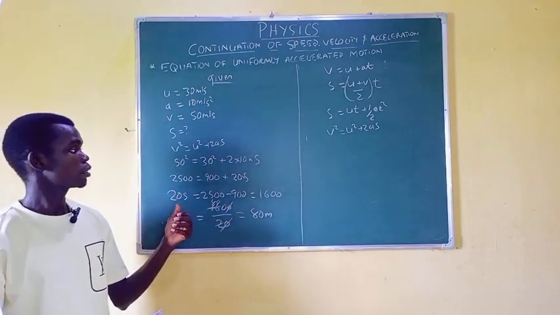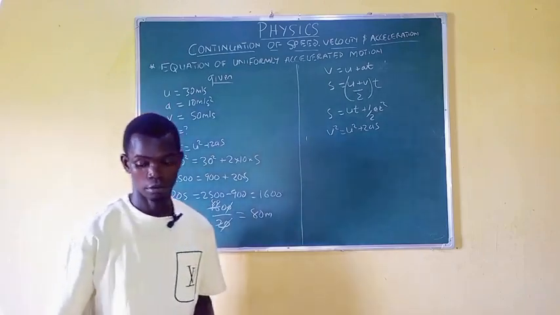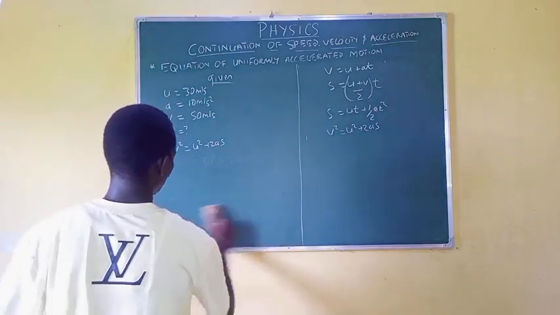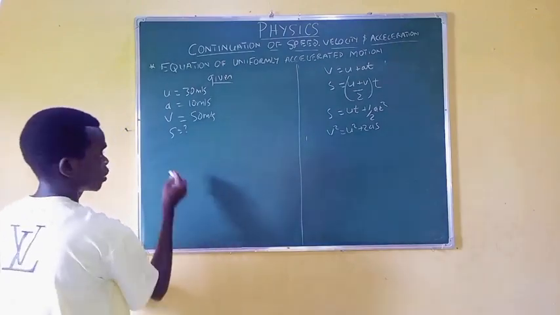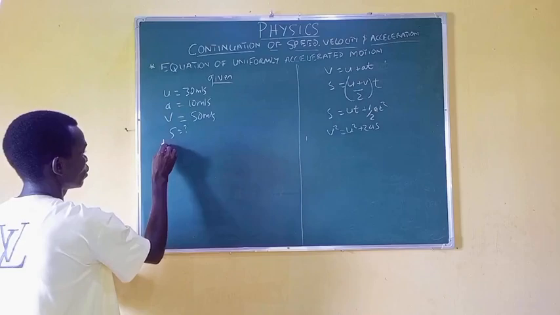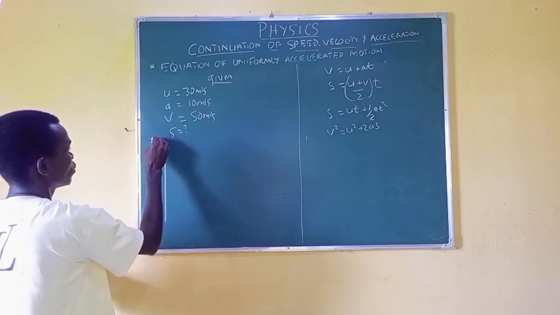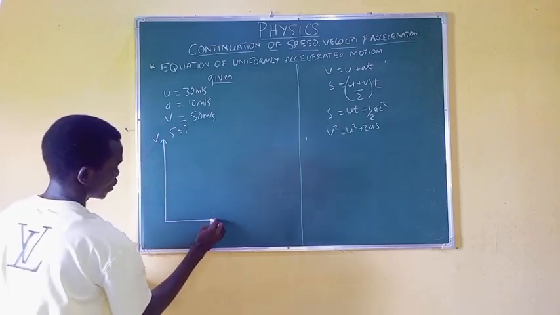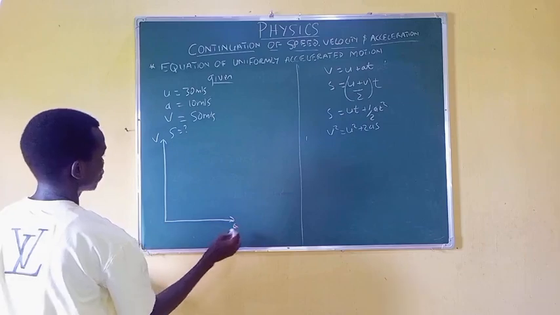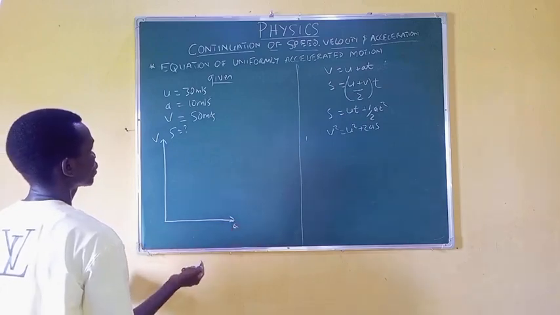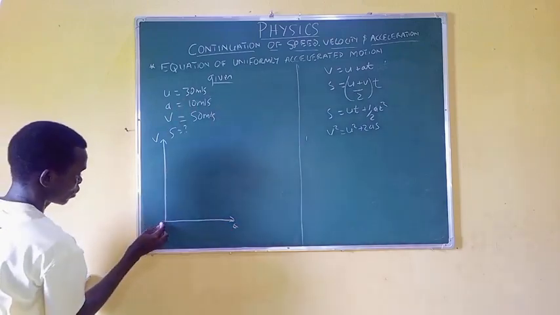Let's solve it with the velocity time graph. Know that the vertical line is the velocity, the horizontal is the time, and the initial velocity is 30. There's 0.